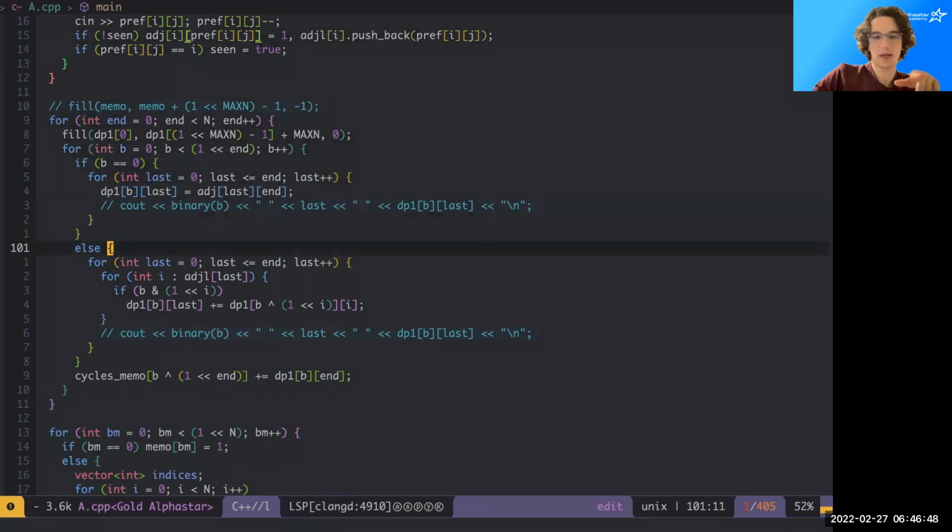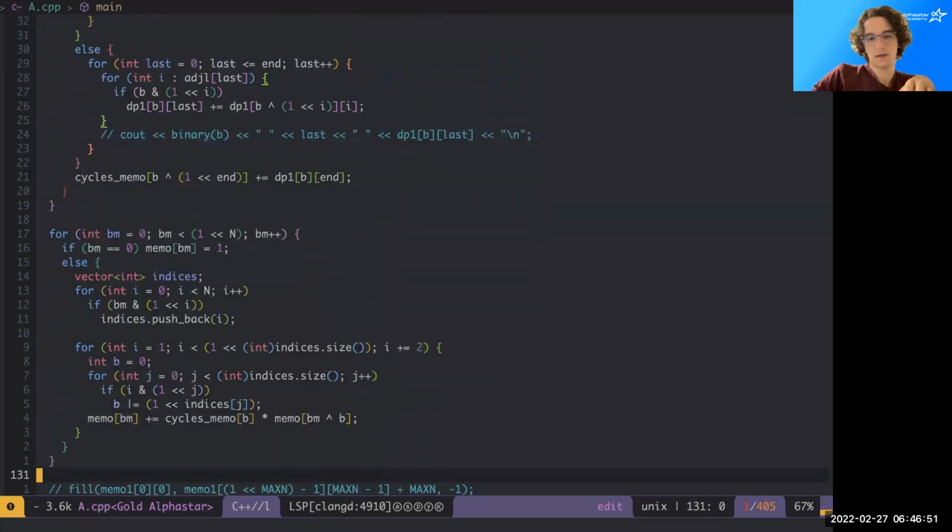This should run in time. I mean, it's like n cubed times 2. Yeah, that's fine.